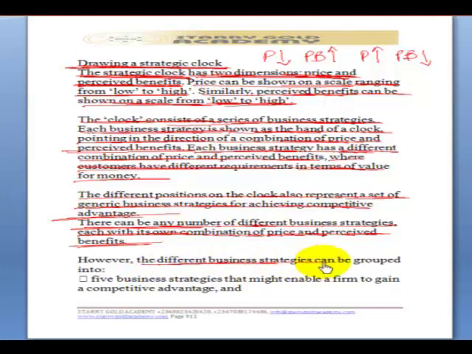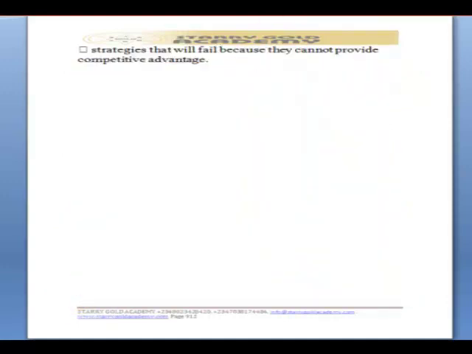Then the different business strategies can be grouped into the following. 1. We have 5 business strategies which may enable a firm to gain a competitive advantage. This therefore means that there are 5 major business strategies that can be taken at that point in time, and these business strategies will go a long way in enabling a firm to gain what is called competitive advantage.